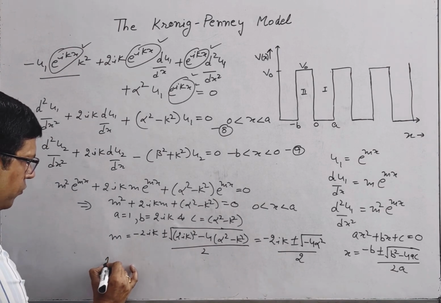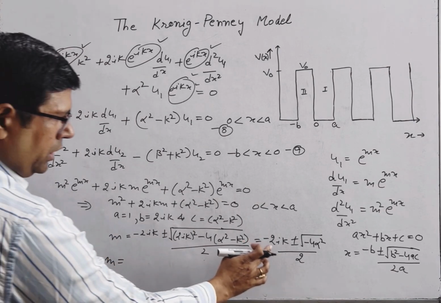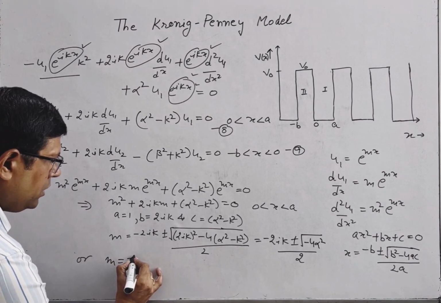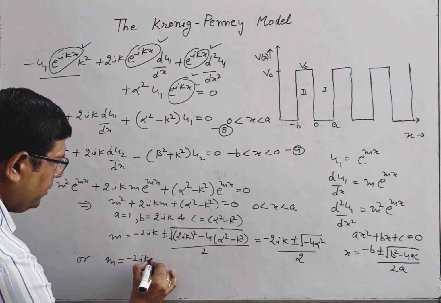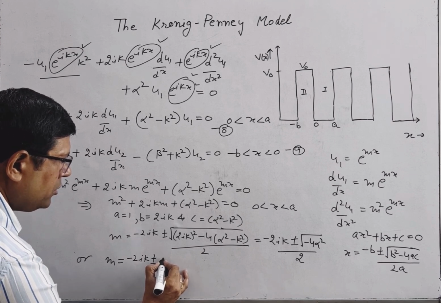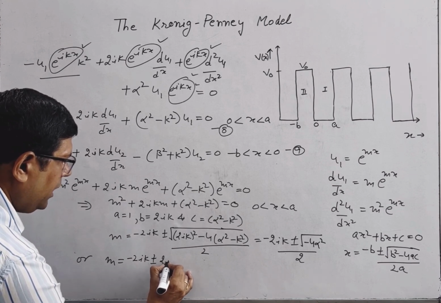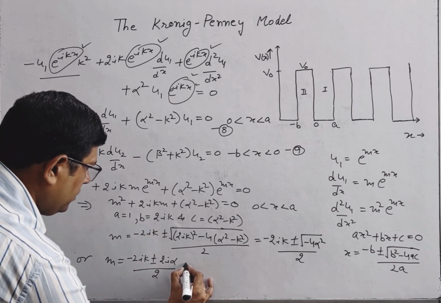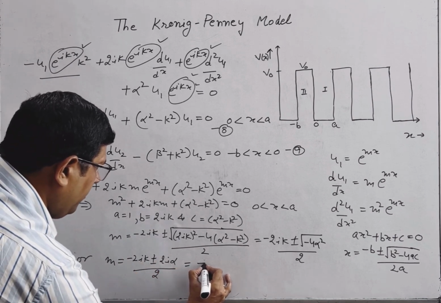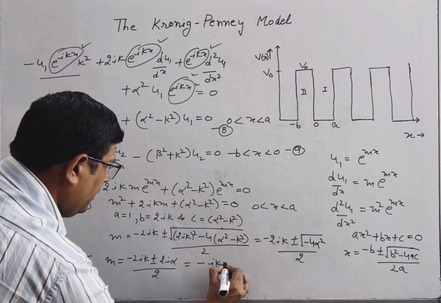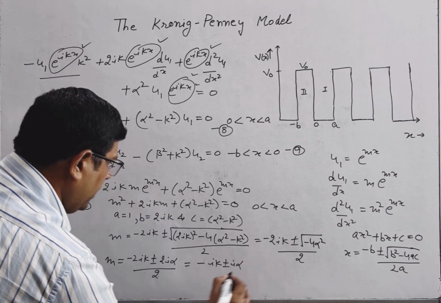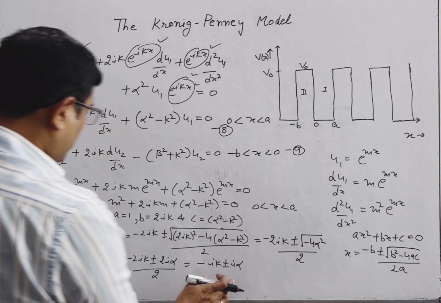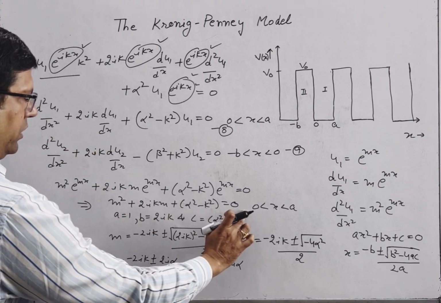From here m equal to minus 2 iota k plus minus 2 iota alpha upon 2. This will give minus iota k plus minus iota alpha. The 2 will cancel out. So these are the roots of this equation.